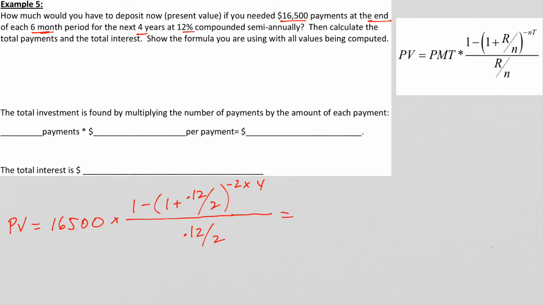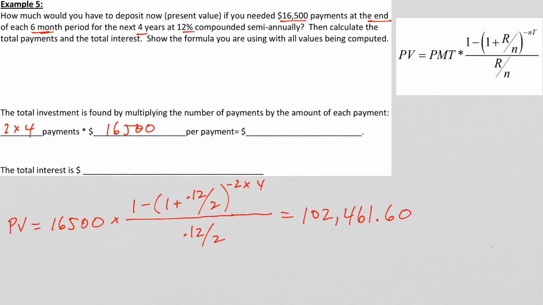And this will come out to $102,461.60. So we'd have to fund the account today with that much, and we would be extracting, well, let's see. We would take out 2 payments a year for 4 years. Each payment would be $16,500 large.